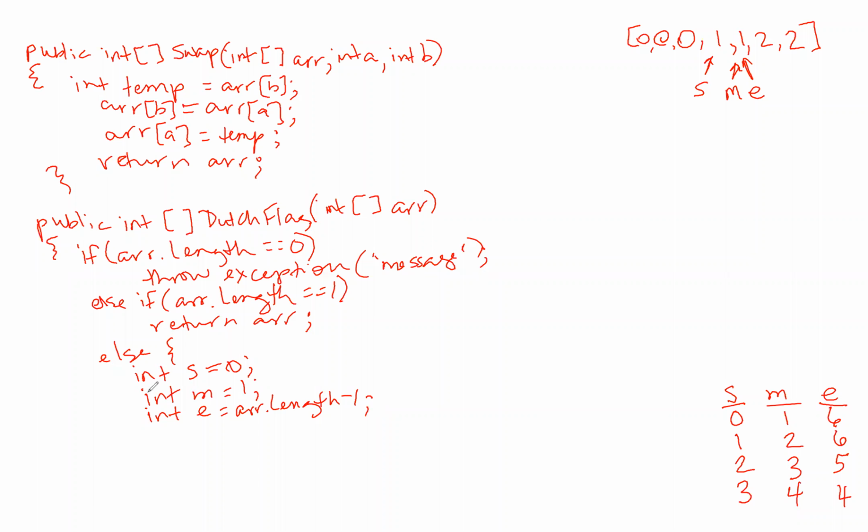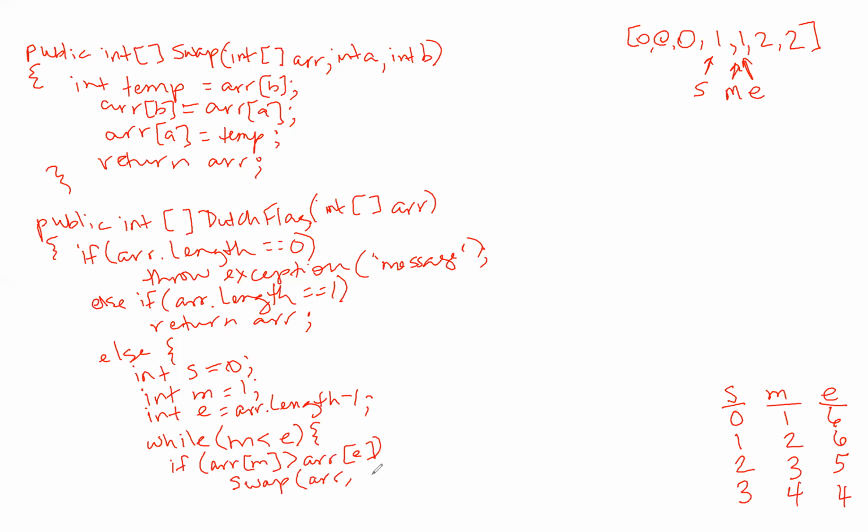All right, and then we're just going to go into our while loop. While m doesn't equal e, so while m is less than e, first we want to check, if array at m is greater than array at e, then we want to swap.